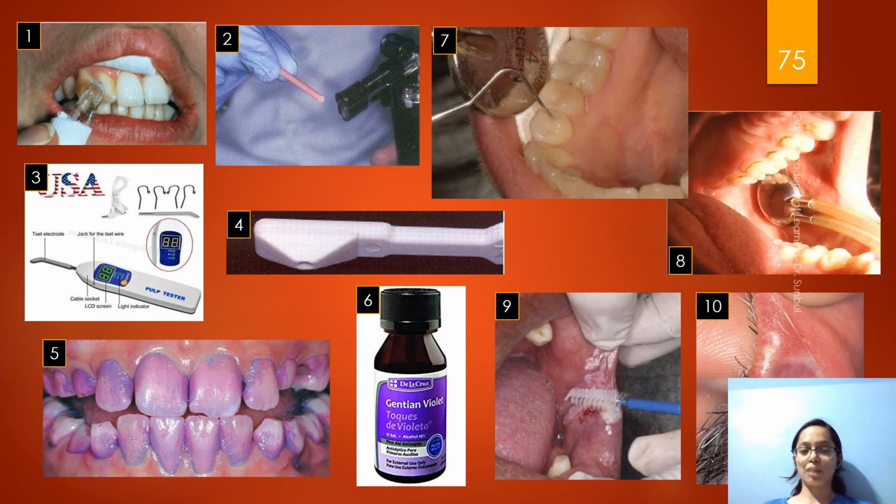The fifth is plaque disclosing agents, where we are using dyes to educate the patient and to see what areas of the tooth have more plaque deposition. The sixth one is a caries detecting dye. And the seventh one is where we use our tactile examination for caries detection.